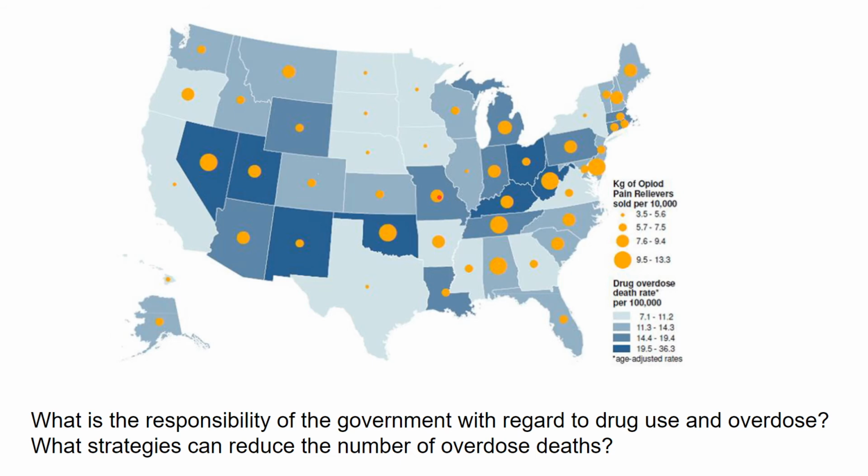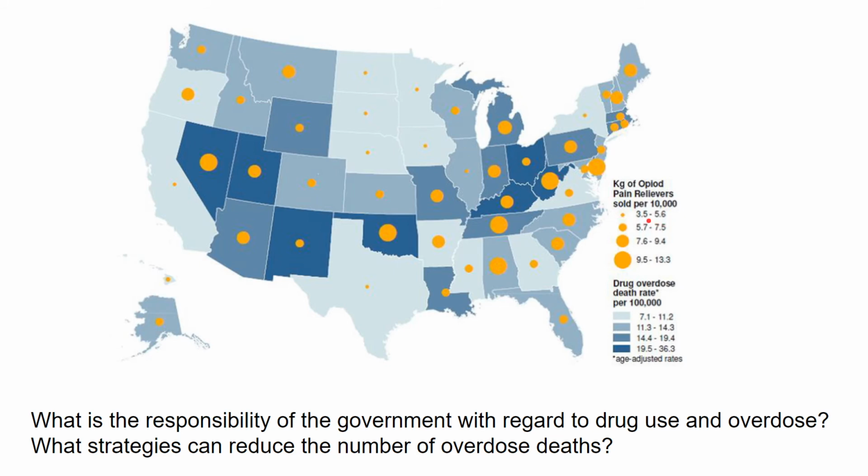And one other thing you will notice, there is definitely a correlation between how many opioid pain relievers are sold and the rate of overdose. The states that are higher typically sell more pain relievers. Most of the states that don't have as many issues have that very small rate of opioid pain relievers.